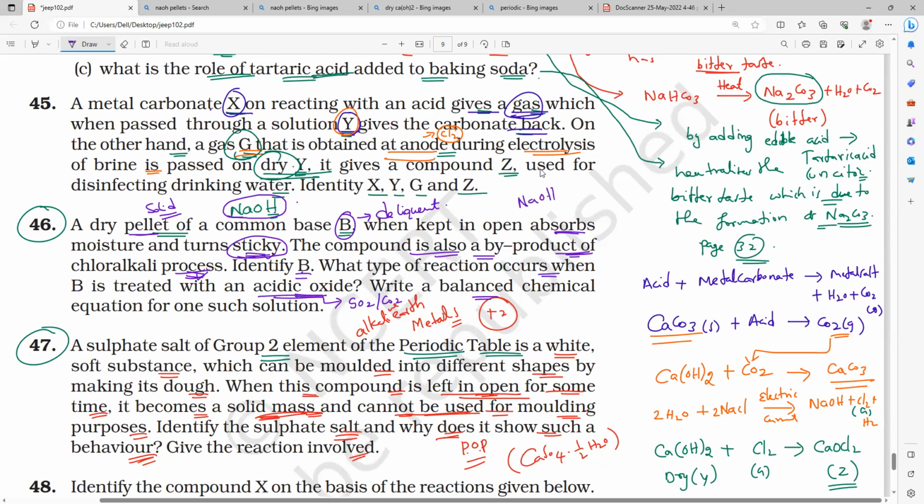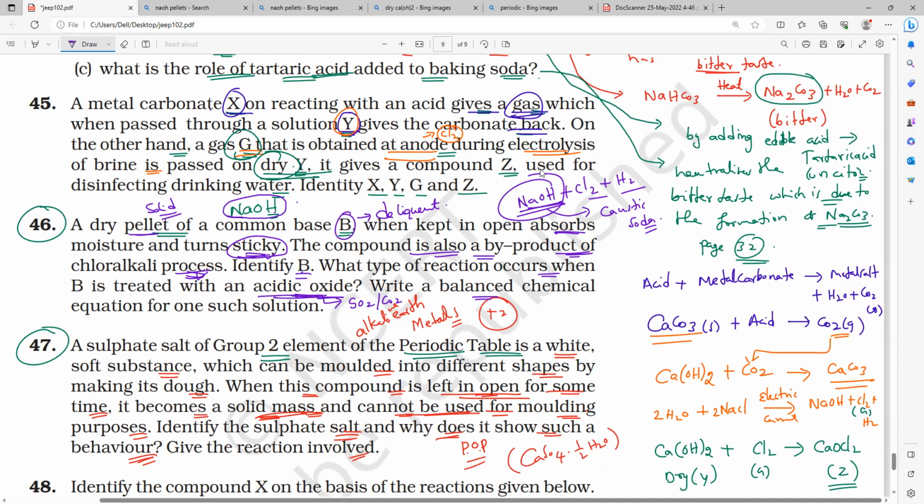One is sodium hydroxide, next is chlorine gas, and next is hydrogen gas. Sodium hydroxide we also call caustic soda. Now, what type of reaction occurs when it is treated with an acidic oxide?